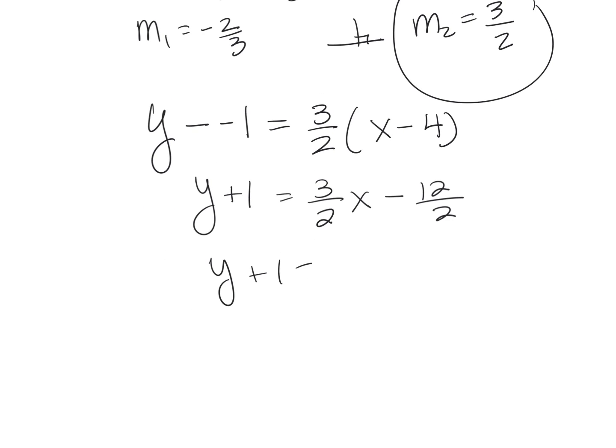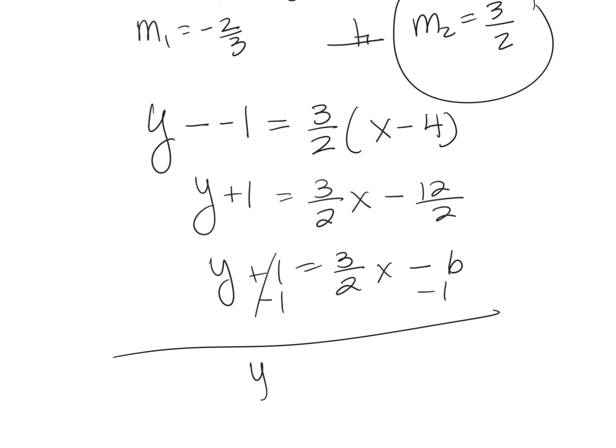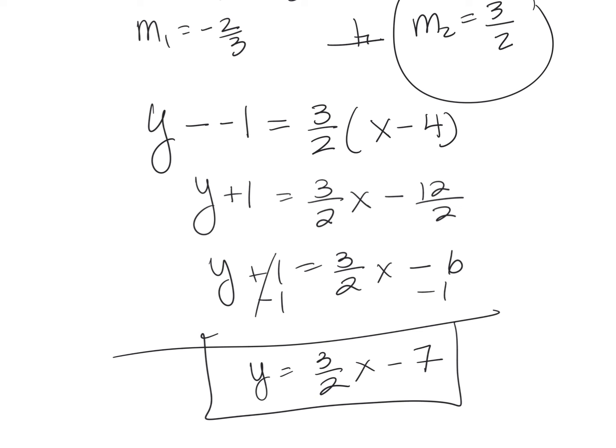Y plus 1 equals 3/2 x minus 6. 12 divided by 2. Subtract the 1 from both sides. Y equals 3/2 x minus 7. And that would be the answer to my perpendicular line through that point. We can real quick show you what that looks like on Desmos.